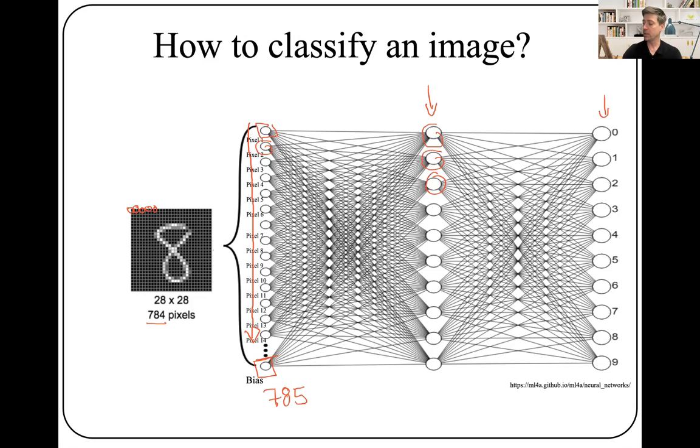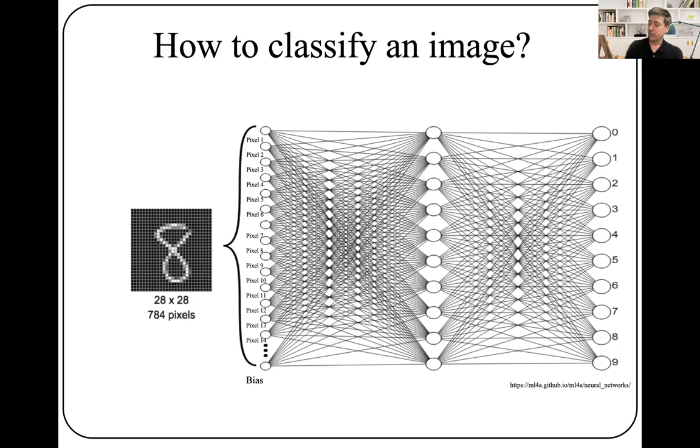And here the output layer is composed of 10 different neurons because we have 10 classes, right? So digits go from 0 to 9, so that's 10 classes. All right.